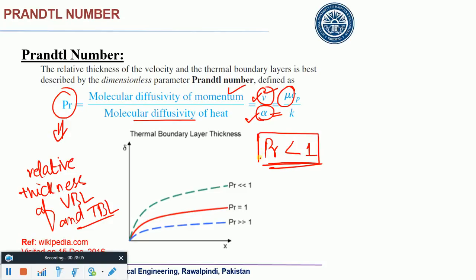Would you have a thicker velocity boundary layer or a thicker thermal boundary layer? Thermal boundary layer, right? So if you have Prandtl number less than 1, it means the thermal boundary layer is thicker. If you have Prandtl number greater than 1, it means the velocity boundary layer is thicker.